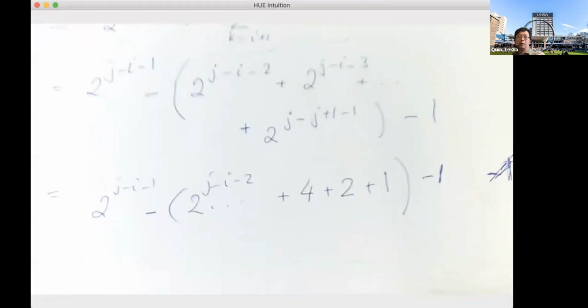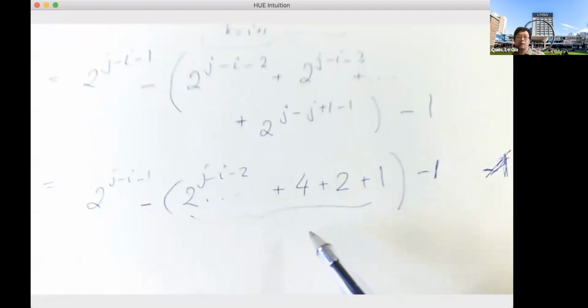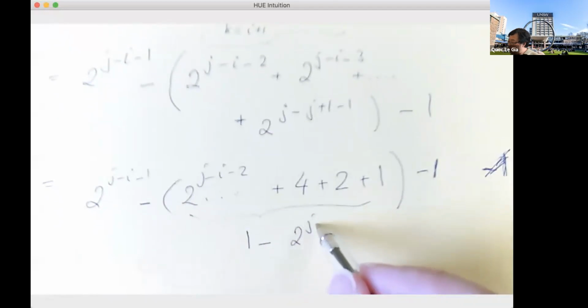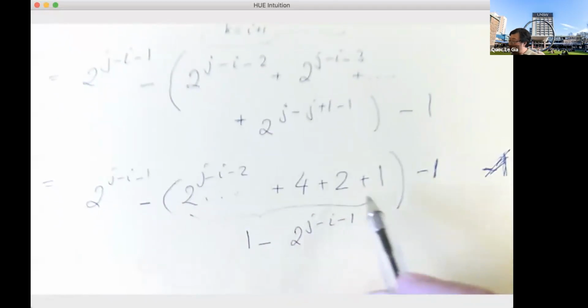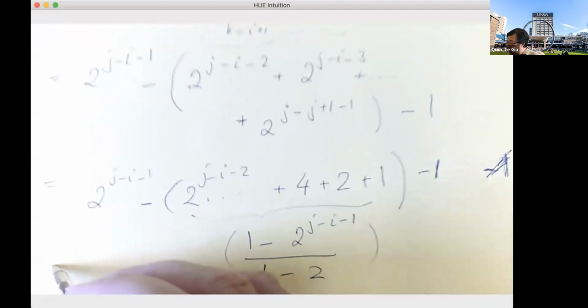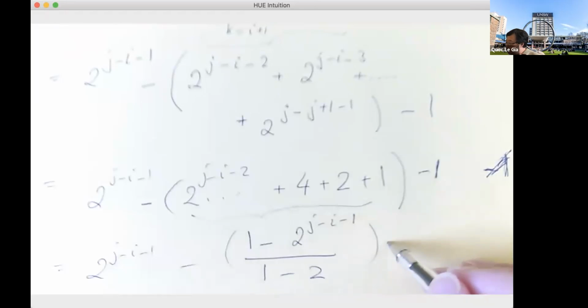Okay, and this one is just a geometric sequence. So 1 minus 2 to the J minus I minus 1, divided by 1 minus 2. Okay. And 2 to the J minus I minus 1, minus 1.